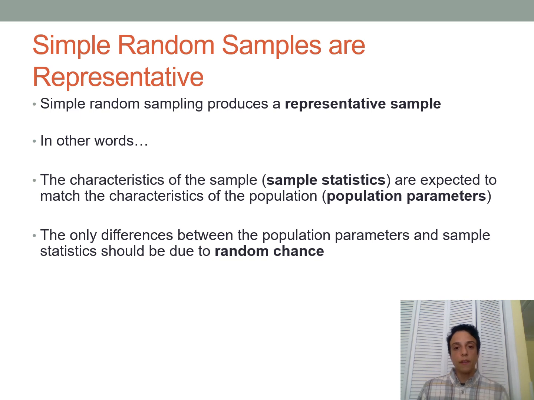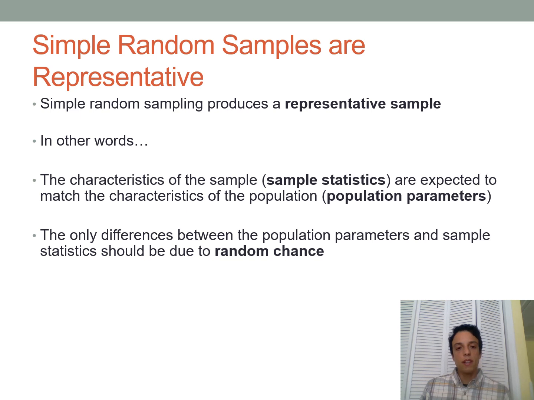And the only differences we should see between our sample and our population would be due to random chance. So anytime you're dealing with probability, so anytime you're pulling M&Ms out of a bag, or selecting names out of a hat, or Powerball balls out of a big ball thing, there's going to be some random chance involved.